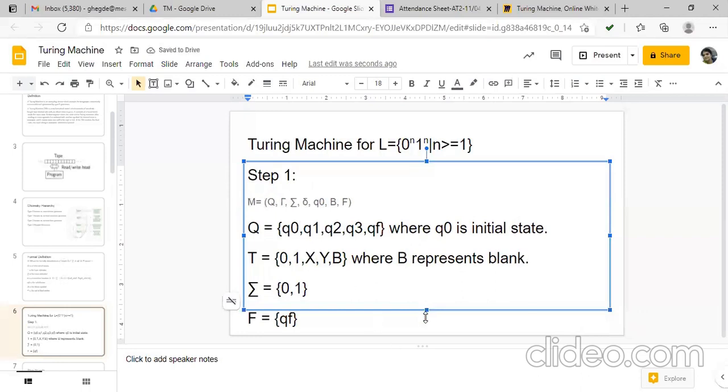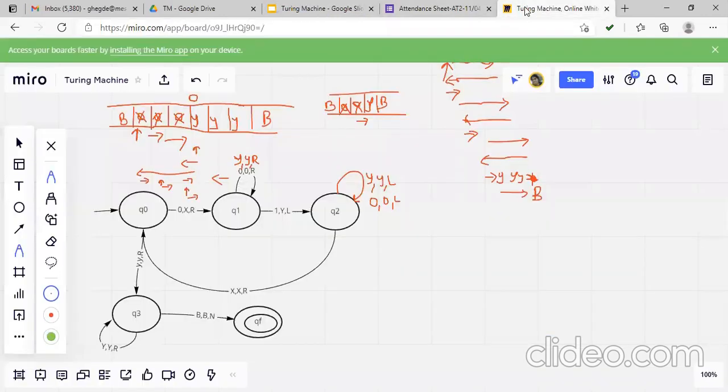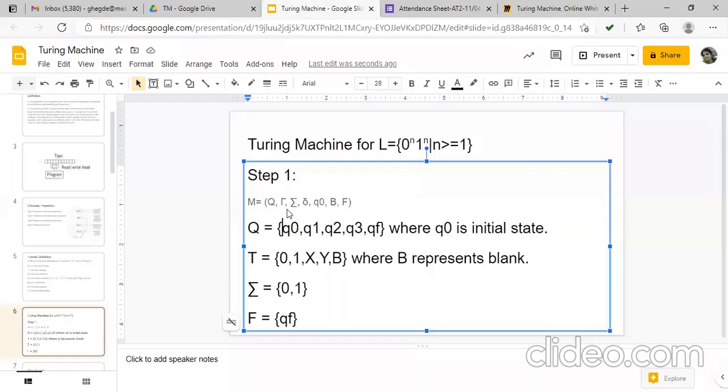Okay, you have to give what all these are. So if you see, our Q is q0, q1, q2, q3 and qf, that we have written here: q0, q1, q2, q3, qf. Okay, and tau, this is tau.